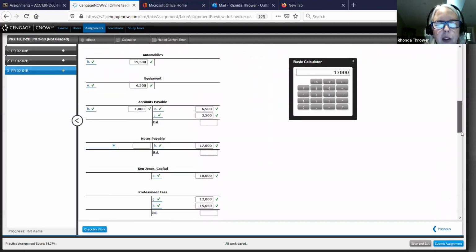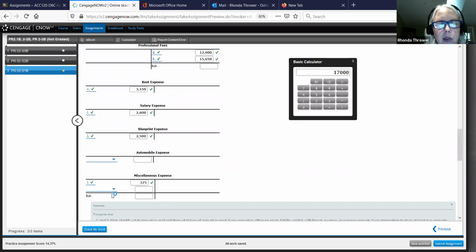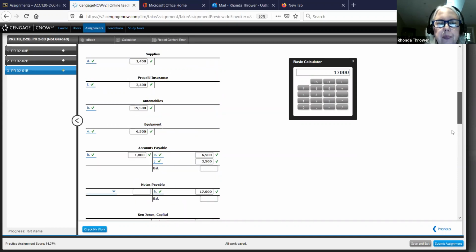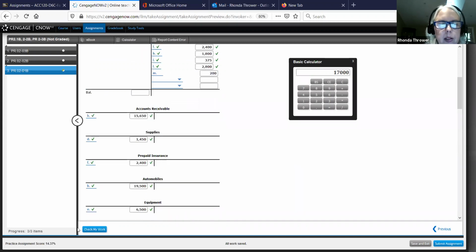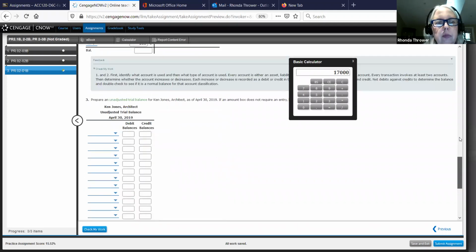My miscellaneous expenses have increased. So my miscellaneous expense is going to increase by the amount that I paid, which was $200, and I believe that was for transaction M. Yes, it was. So I'm going to check my work.